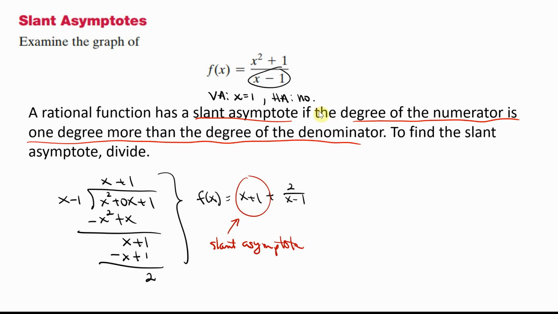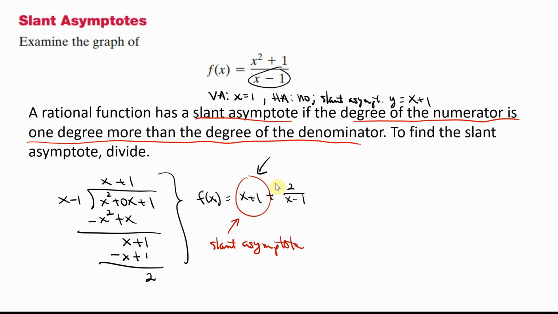But there's a slant asymptote because the degree is off by 1 from the top to the bottom. So we have a slanted asymptote, and that is y equal to x plus 1. I got it from here.